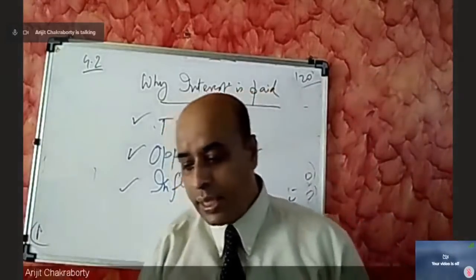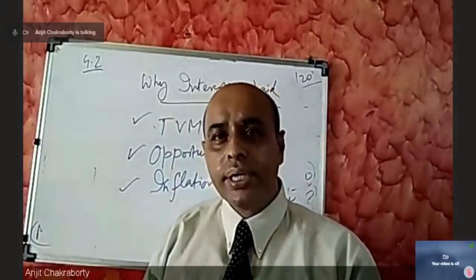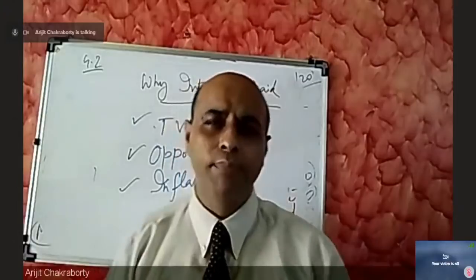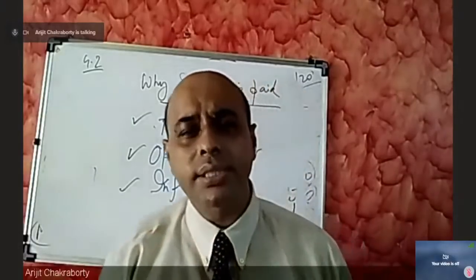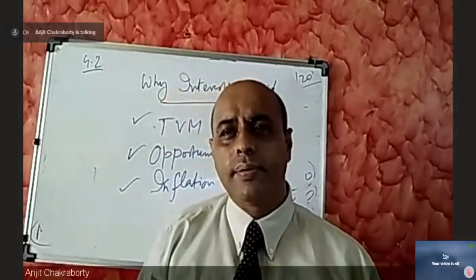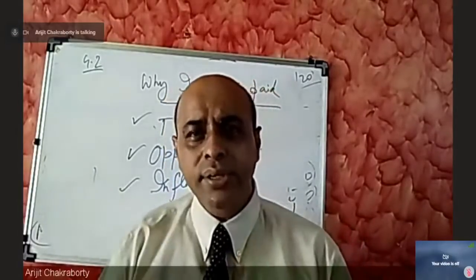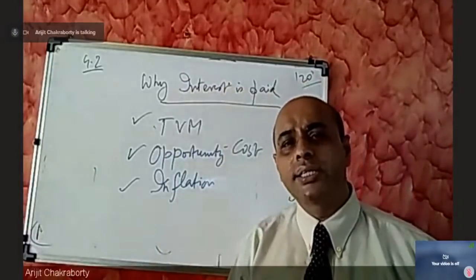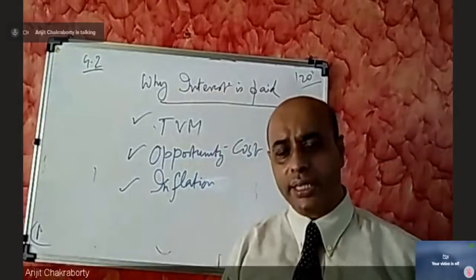I am giving a simple example. You have seen that in the last few months, fuel prices have gone up. What do we mean by inflation? Inflation means the general increase in the prices of commodities.